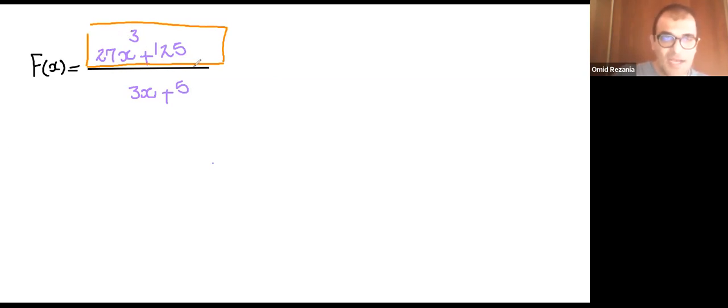At the numerator, I have two terms. The first term is going to be this, and the second term is going to be this. The third thing is that the numerator which I have has a variable x which has power 3. And the fourth thing which I notice particularly here is that the sign between these two terms is a plus sign.